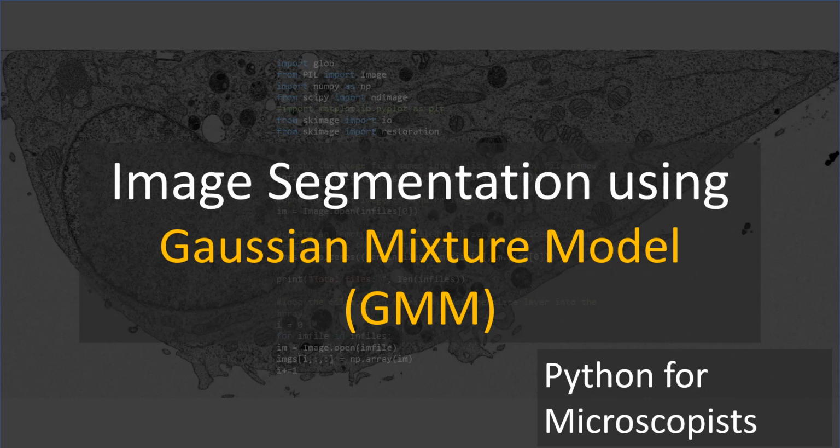And Gaussian mixture model is also a clustering technique, just like k-means, with a slight variation actually, and I'm going to explain what that variation is. But Gaussian mixture model is also another example of a clustering technique, which again falls under unsupervised image segmentation or data segmentation or data processing.